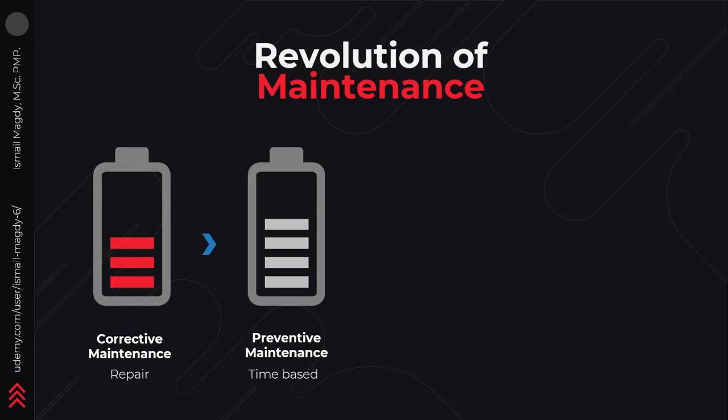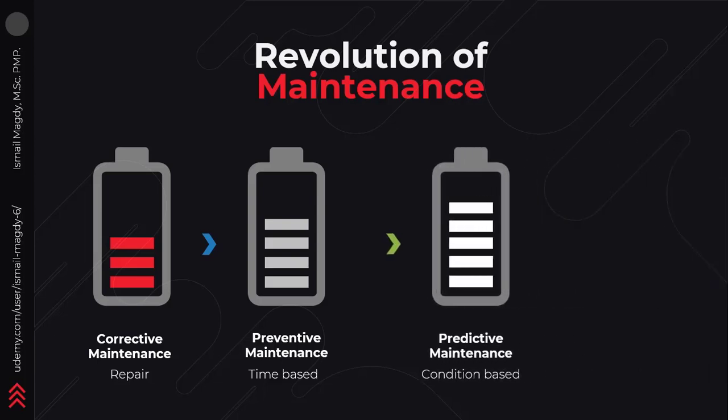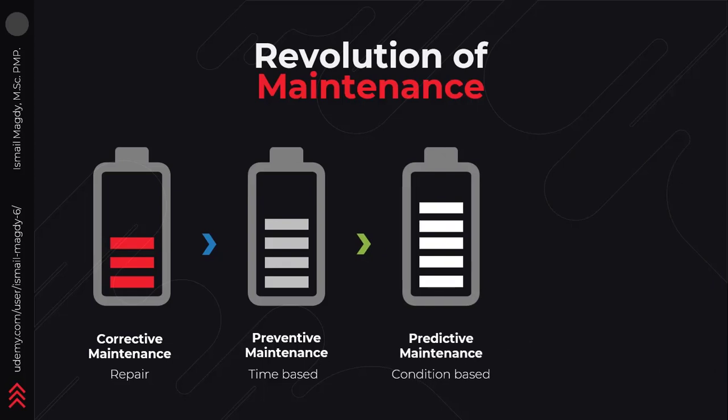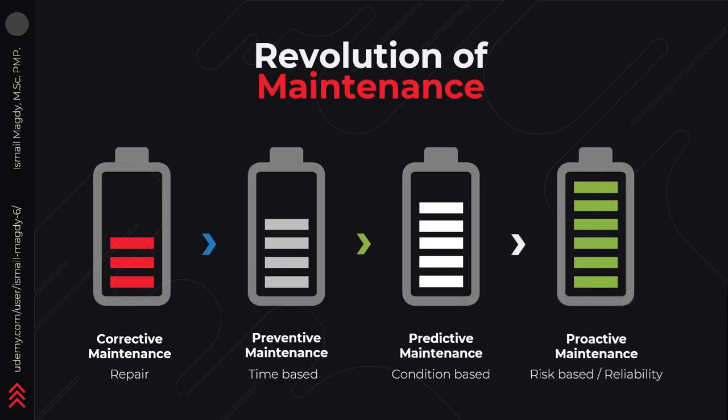After preventive maintenance, we had the next level of maintenance, which is predictive maintenance, and instead of being time-based, it is a condition-based maintenance, which started taking into consideration the condition of the assets. The next level we came up with is what we call proactive maintenance or reliability-centered maintenance, and it started taking into consideration the risk of each equipment. In our next few lectures, we will learn more in detail about each one of those types.